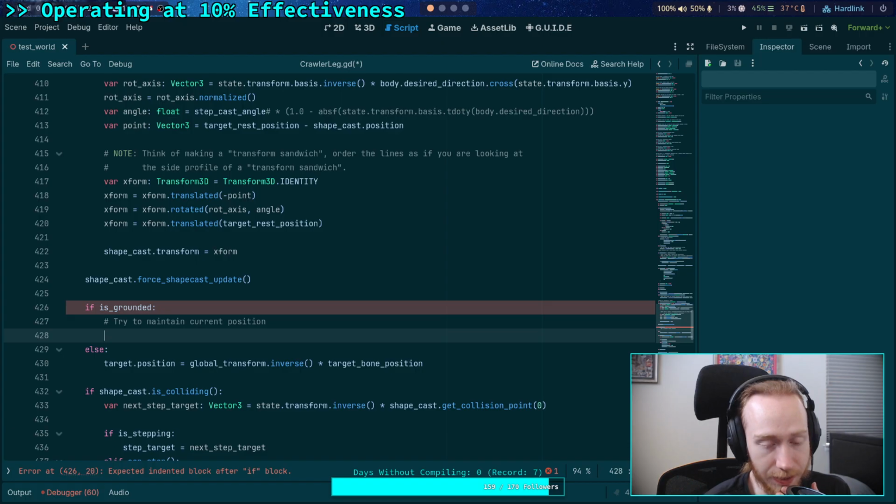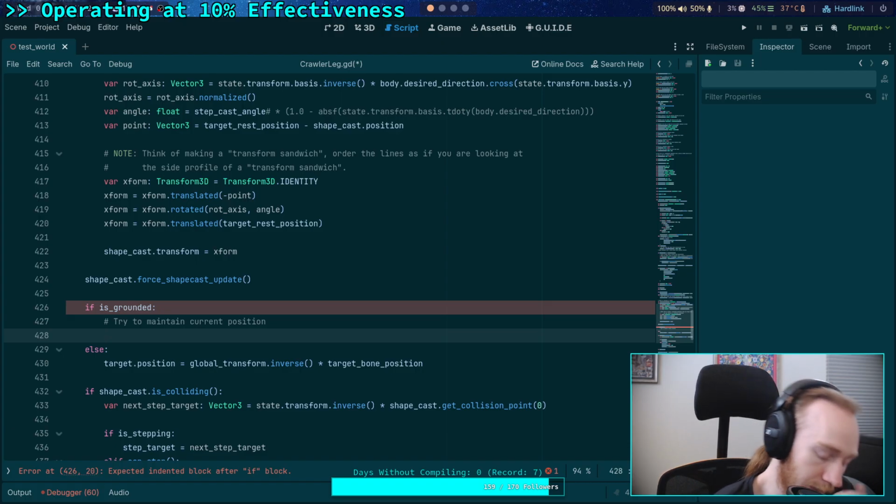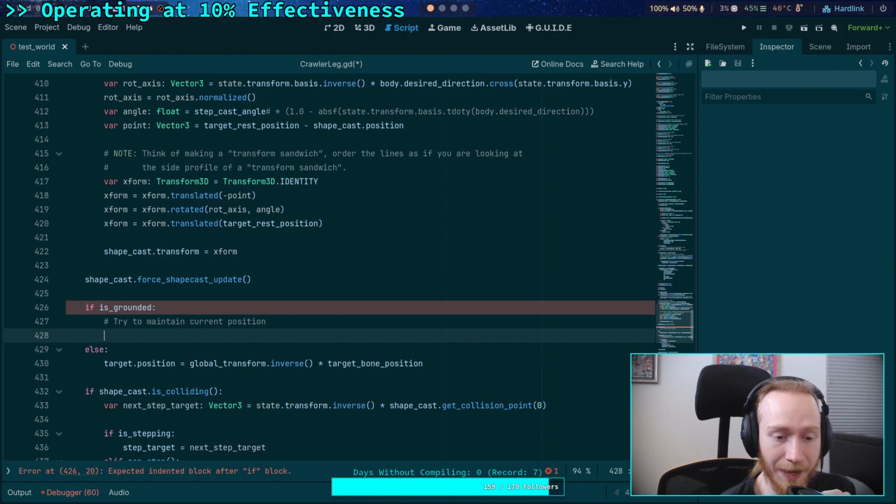I guess I could use deceleration. So if my deceleration is 8 meters per second, then I can track it back towards target position using that difference.